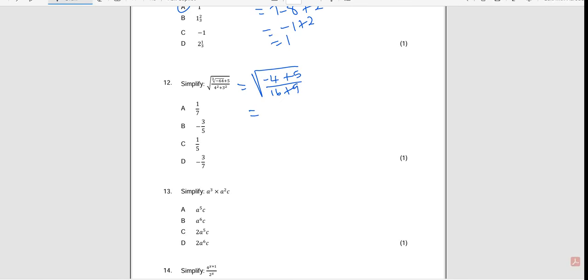And then the answer is going to be the root of 1/25, and then the answer is 1/5. The answer is going to be C.